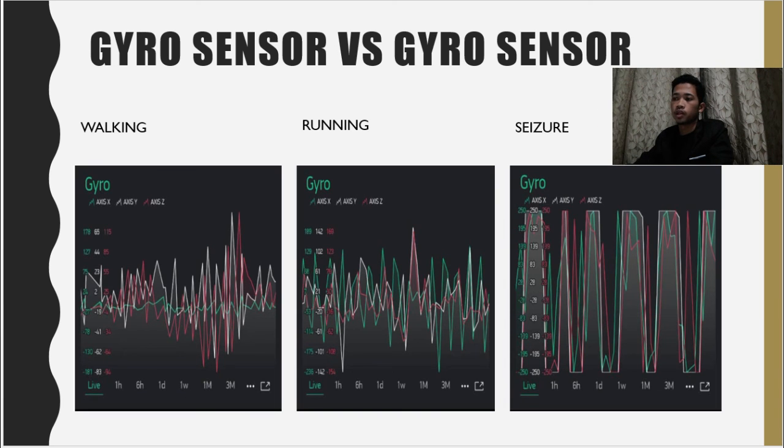And the last one, we will compare the gyro sensor data while walking, running, and having a seizure. As we can see, the left picture is gyro data while walking.